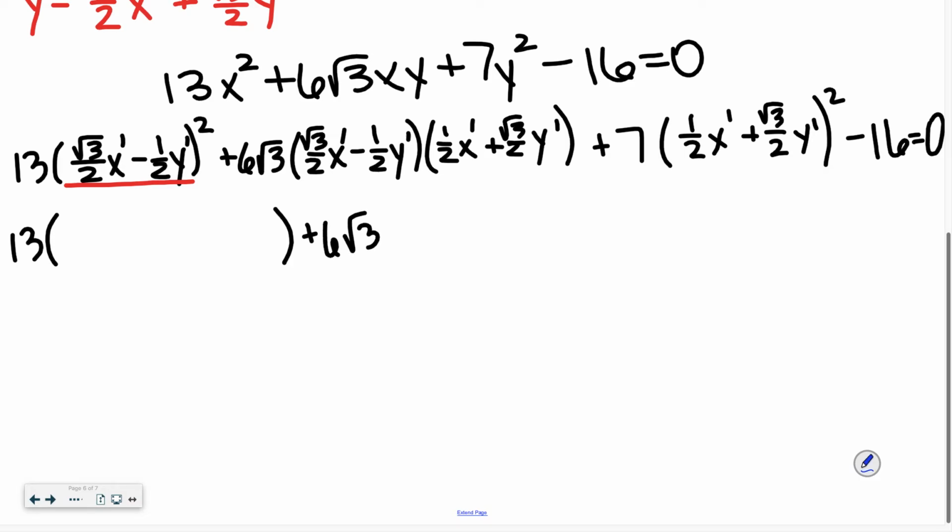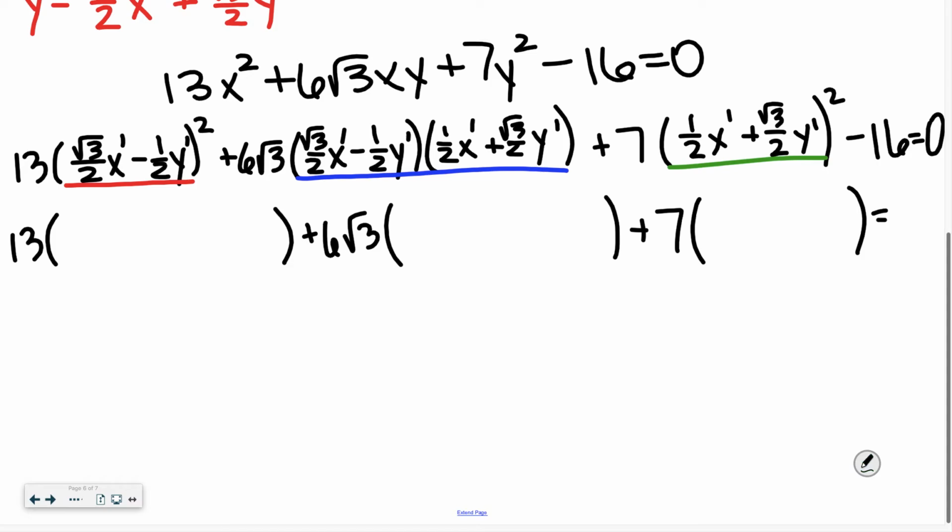Whatever this is right here, you're going to write here. And then plus 7, whatever this is, you're going to write here. And then we'll just go ahead and move that 16 over. Okay? So, I'm going to give you a couple minutes. You need to do 3 different FOILs for me.